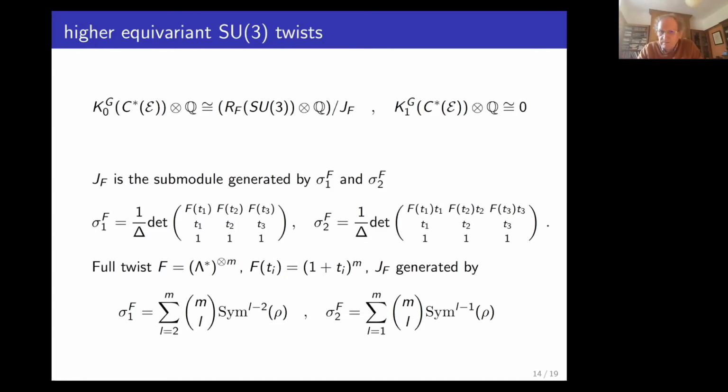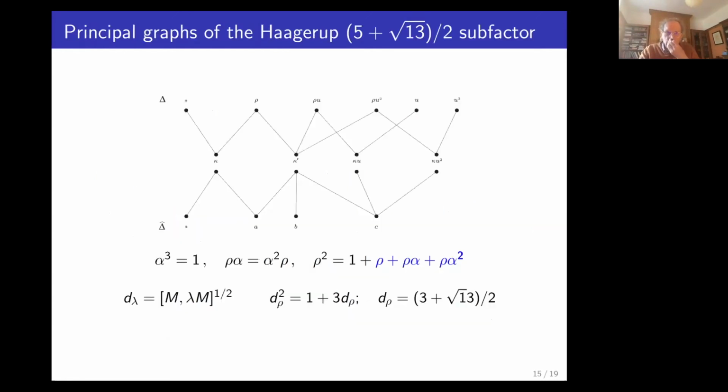Right, so, okay, so let's go back to the Haagerup subfactor. So these are the graphs, the two graphs that appear for this first subfactor beyond index 4, which is of rational number of irreducibles.